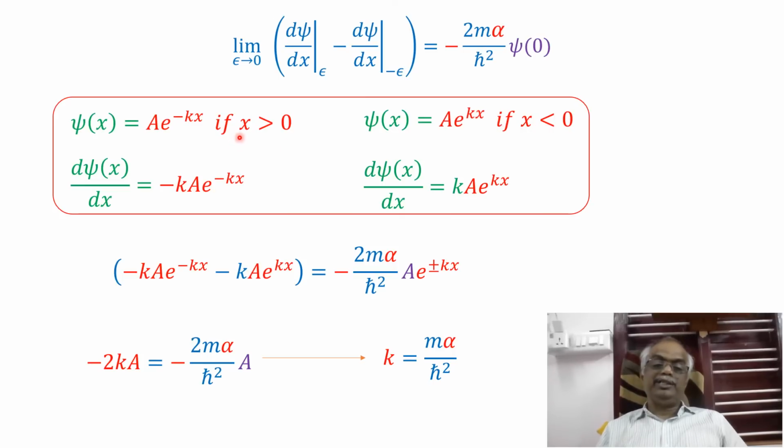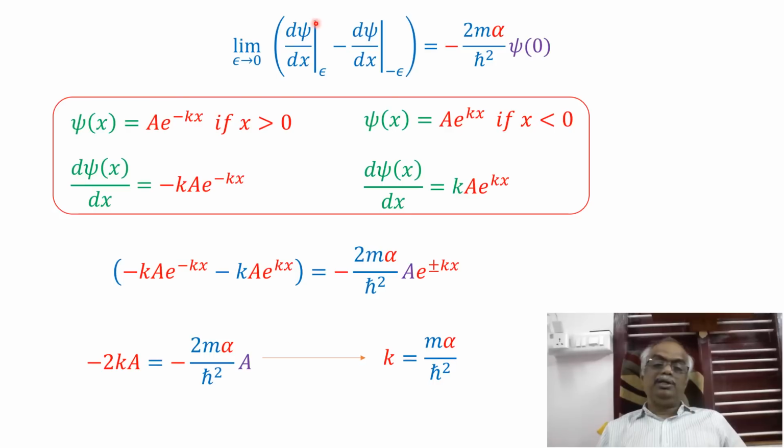This is the positive x direction, this is the negative x direction. If you differentiate this, then you will get minus kA e power minus kx. Similarly, in this case, it is plus kA e power kx.